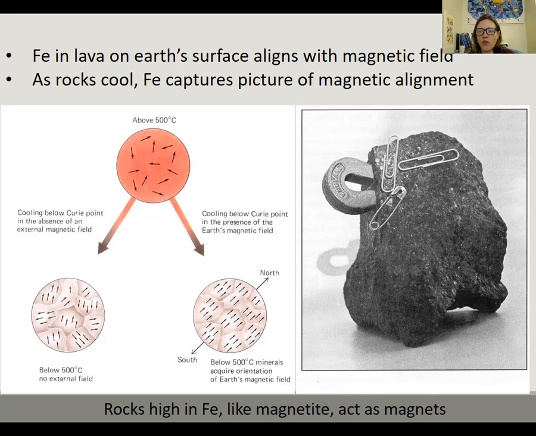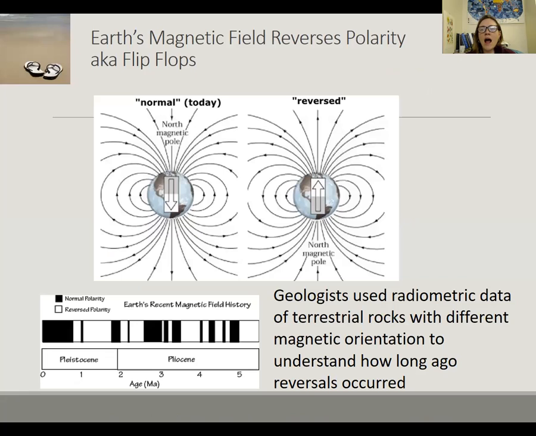And so the alignment of the different kinds of metals like iron within the rocks shows us the direction of the Earth's magnetic field. We also learned that the direction that the magnet is oriented today is actually not the same way that the Earth's magnetic field has always been oriented.